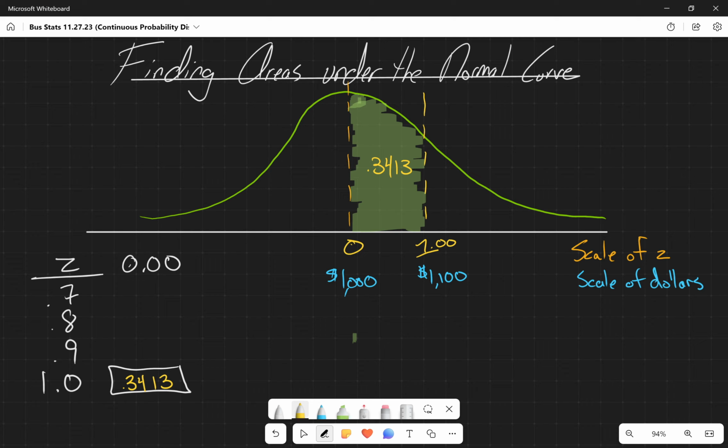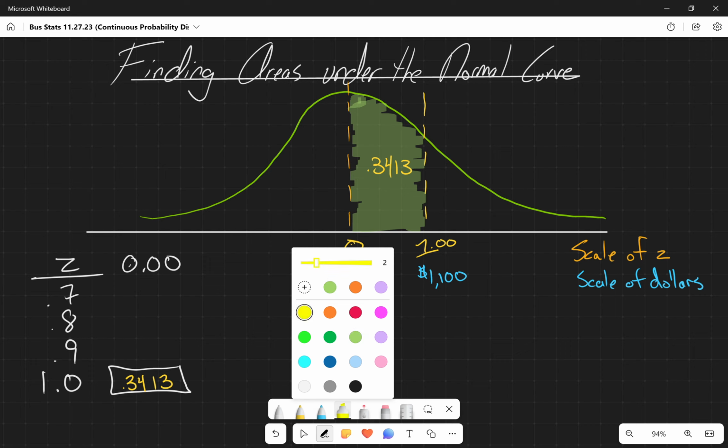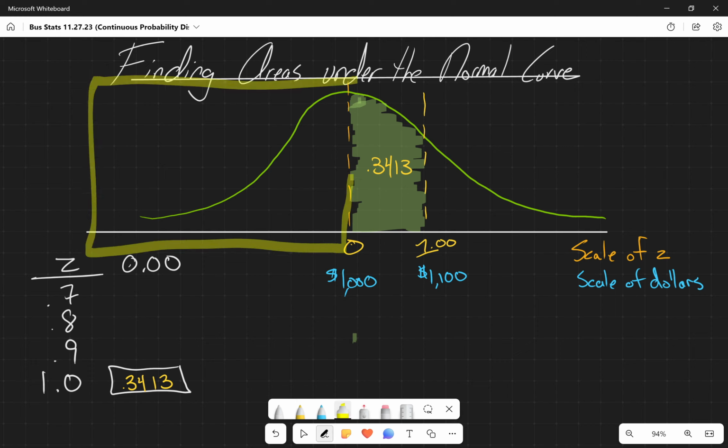And we can figure some other stuff about this as well, right? Because this is symmetrical, what can I ascertain about this whole left-hand side of this normal distribution curve? It's just 50%, absolutely. So we can put 0.5 over here, and then we can say that the probability of somebody making less than $1,100 is going to be equal to 0.8413.